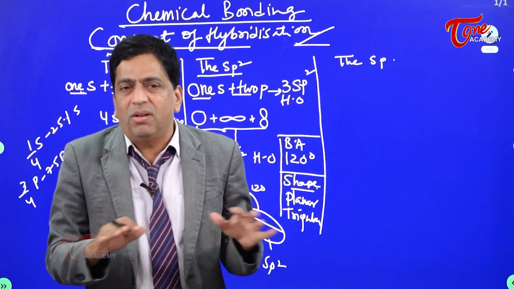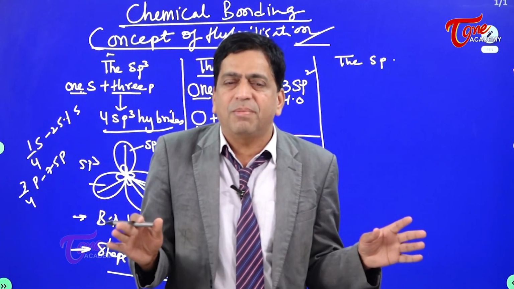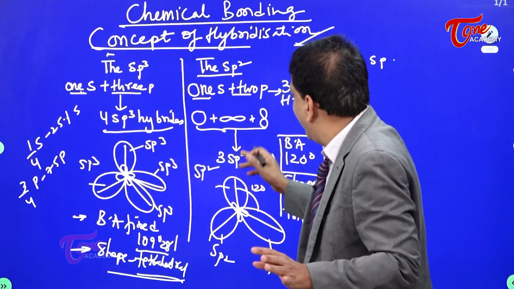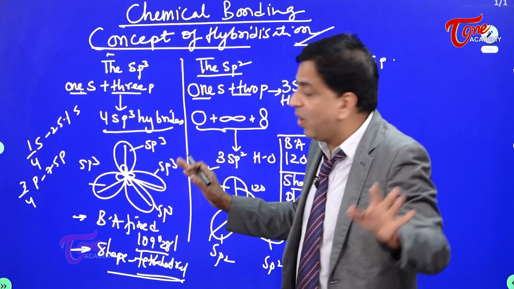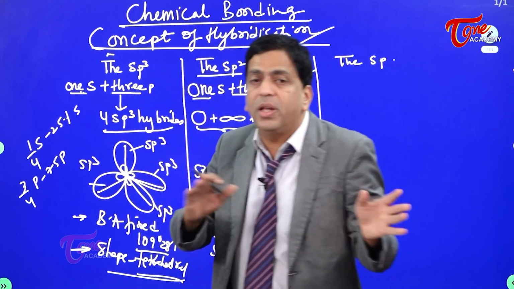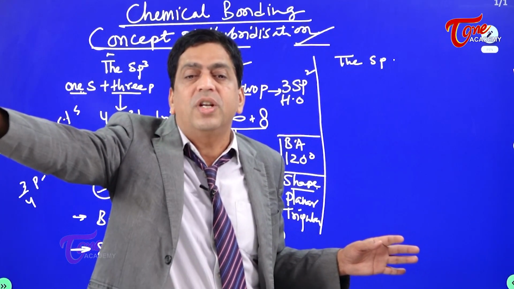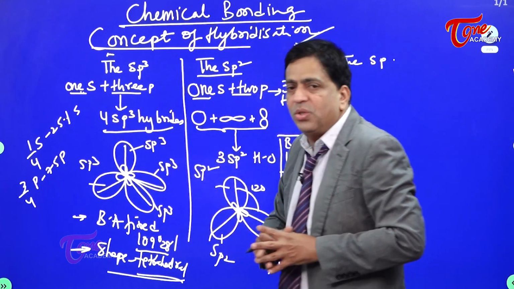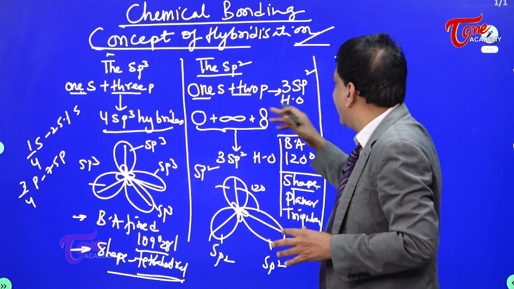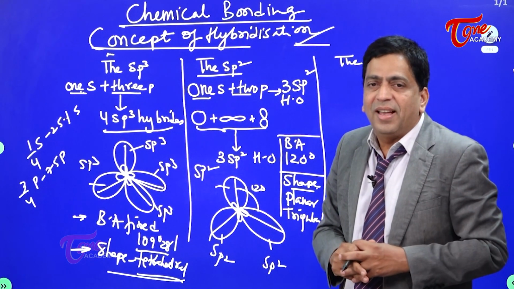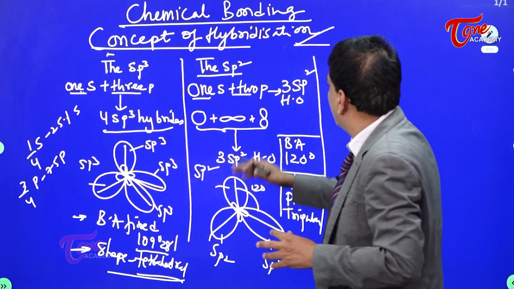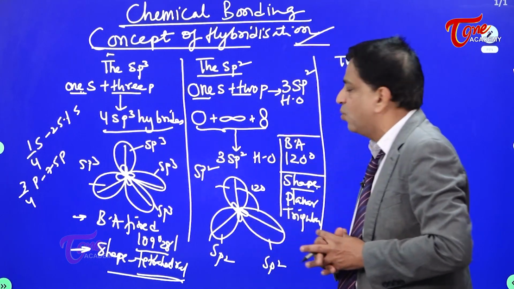So to avoid all these issues, here is the concept of hybridization. All this is happening before bonding. 1s and 2p's might combine, or 1s and 3p's might combine, depending on which molecule you actually want to explain. So sometimes it is 1s plus 3p's, sometimes it is 1s plus 2p's. If it is 1s plus 3p's, this is the direction, and if it is 1s plus 2p's, it is 3 sp2's.